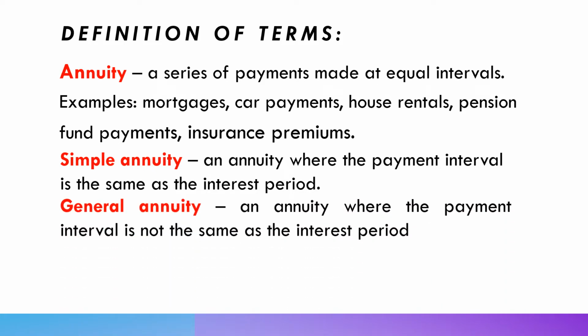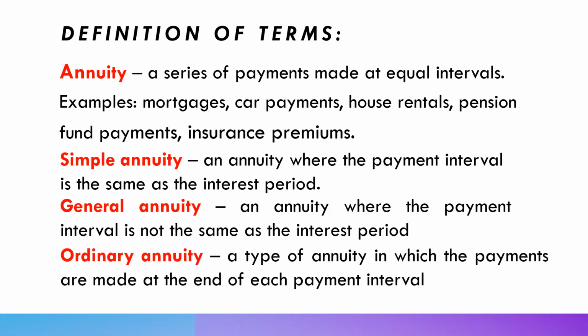Next is general annuity. A general annuity is an annuity where the payment interval is not the same as the interest period. And ordinary annuity. Ordinary annuity is a type of annuity in which the payments are made at the end of each payment interval.